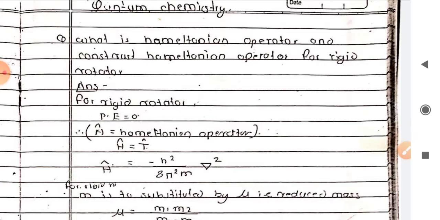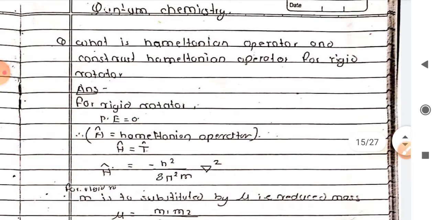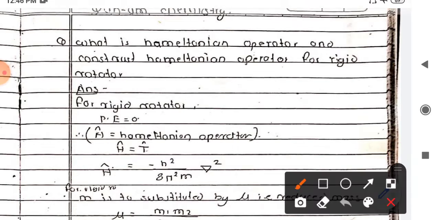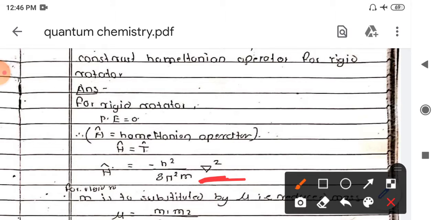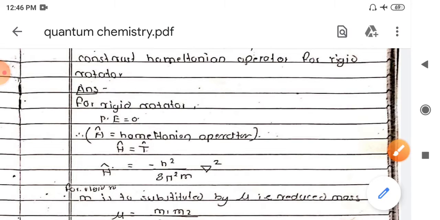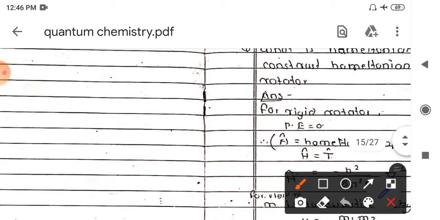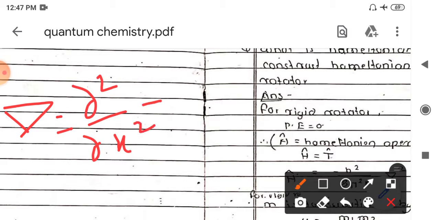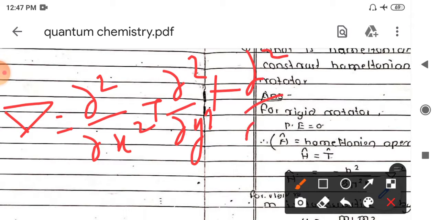We will directly use the obtained results for x, y and z, and directly use the Laplacian operator, which is the double derivative with respect to x plus the double derivative with respect to y plus the double derivative with respect to z.